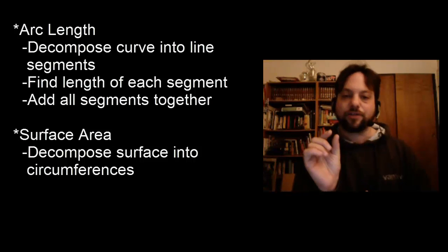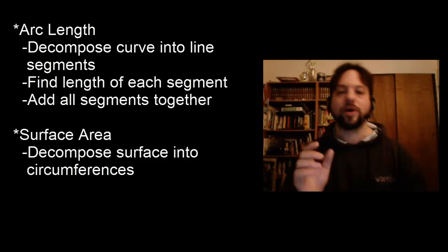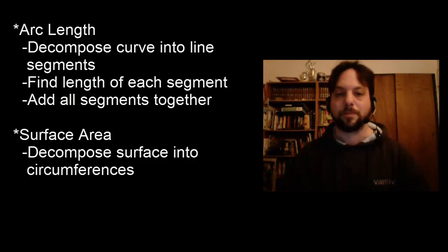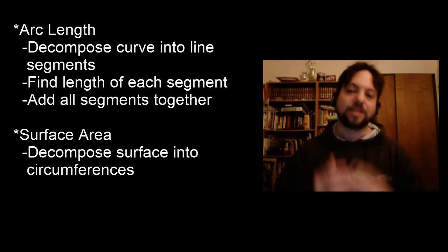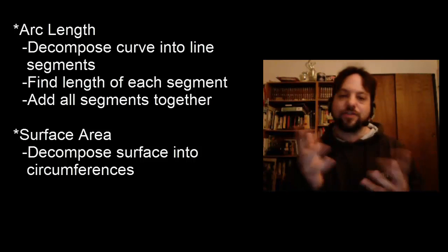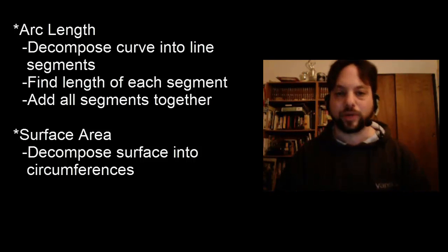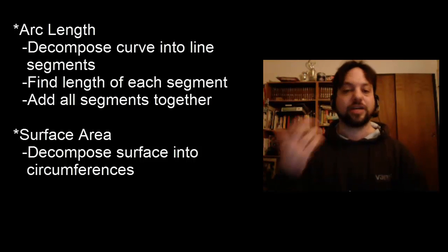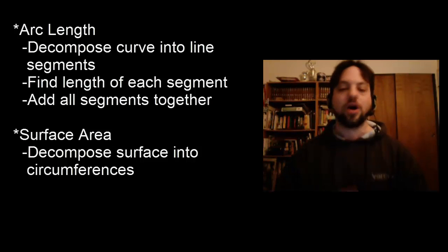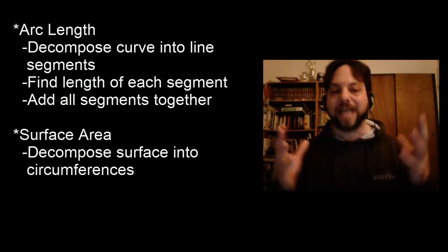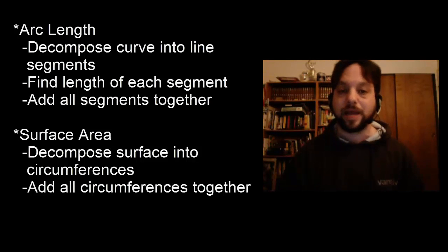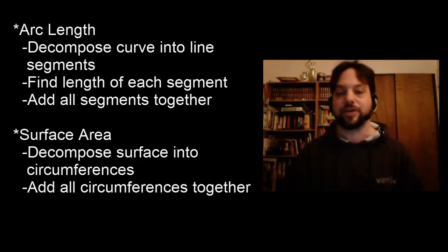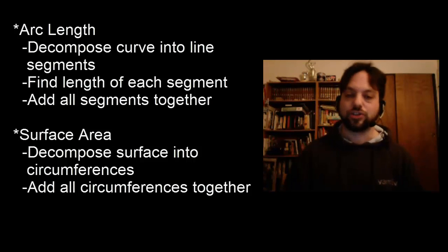Of course, each circumference had a height, if you will, of an infinitesimal amount. That's why that dx or dy was there. But the radius and the height, if you will, all depended upon the original function. And so after decomposing that surface area into a bunch of circumferences, all we had to do was use an integral to add all those circumferences up, and we ended up with the surface area of our solid of revolution.